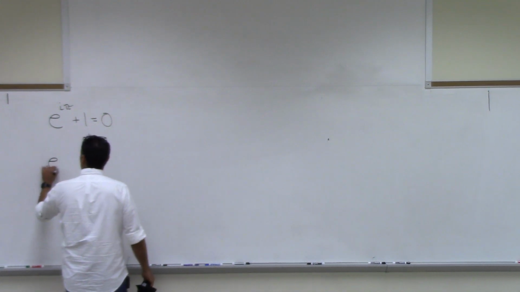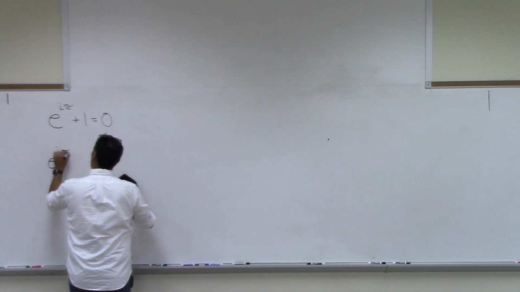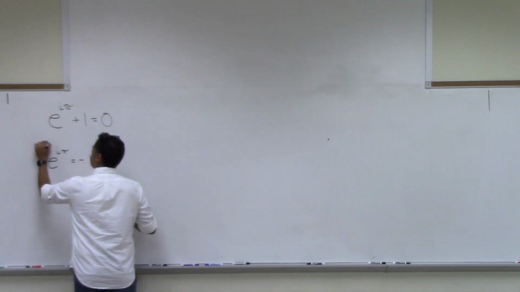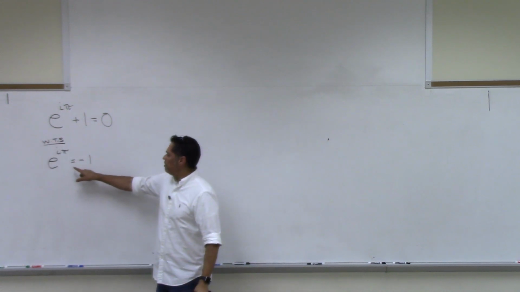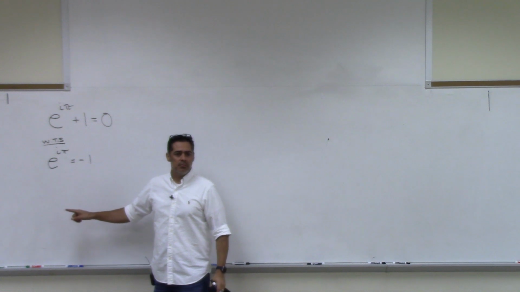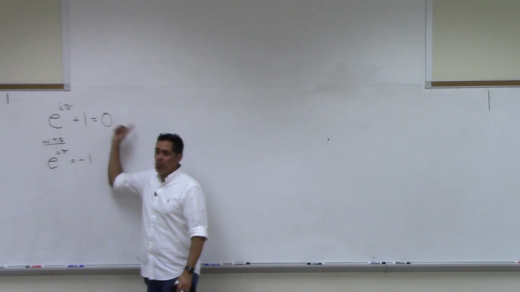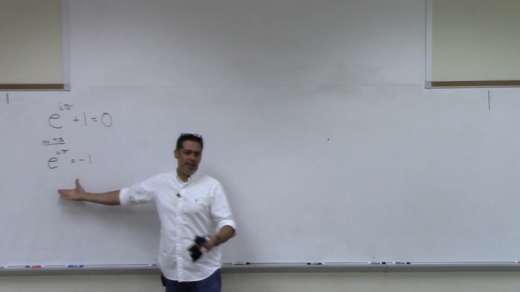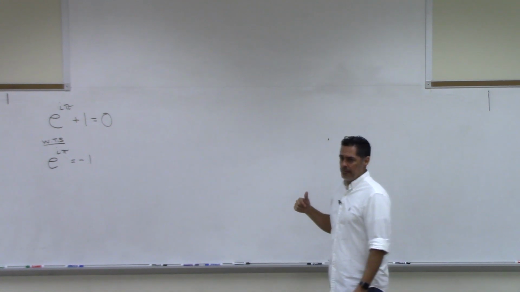Do you agree that all I want to show is that this is -1? Do you all believe that? If I can prove to you that that's -1, then -1 plus 1 is 0, it's true. Or just move this 1 to the other side and that's this. So I'm trying to prove that to you.